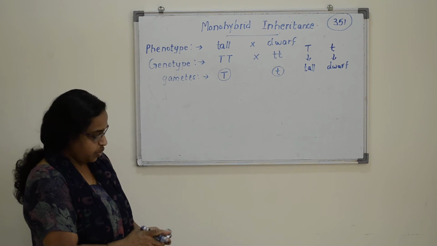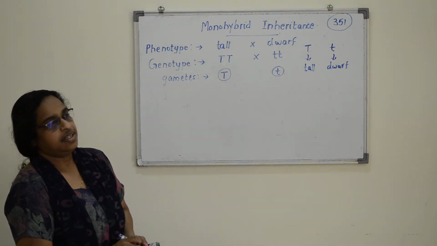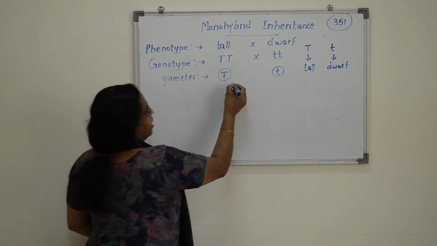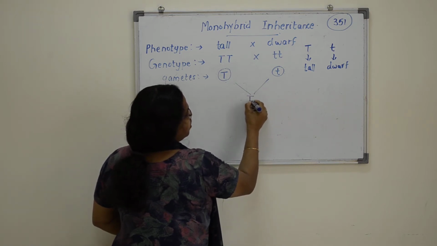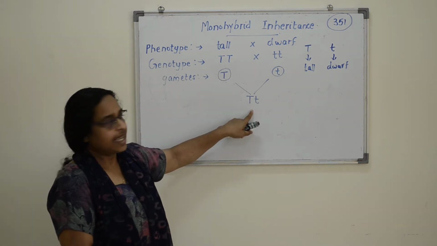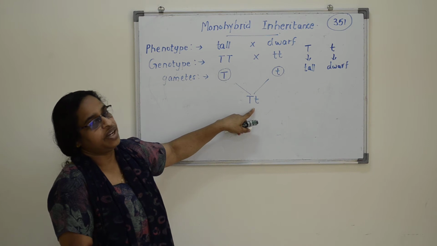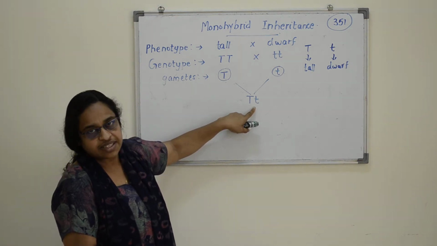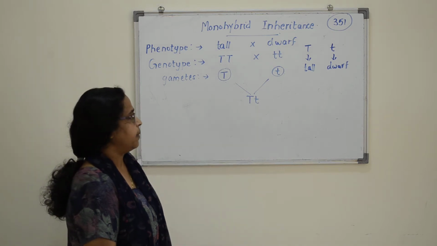Okay. So, when they are fertilized, that means they become a diploid cell. What will be the genotype of the first progeny? Capital T, small t. So you know whether it is haploid or diploid. Since there are two alleles present for the same character, it will be diploid. Two sets are there.